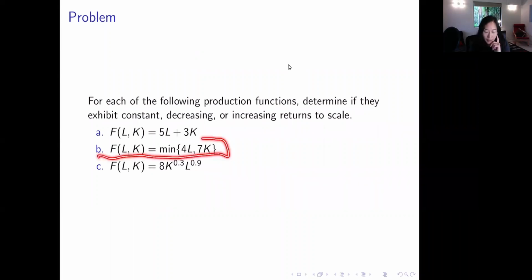B is probably going to be a bit interesting because the function might not be that straightforward. But I don't want to give you any guide. Let you think about how it is going to work. It's okay if you cannot solve it, but at least give it a thought about how you can approach this kind of question with this production function. Okay, give you 5 minutes, so I come back at 3:10.